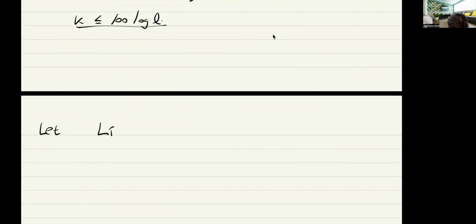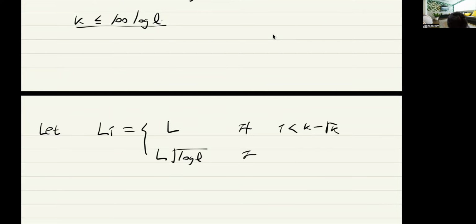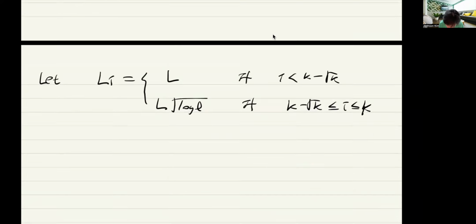And we define li, which is either L or L times square root of log L. If i is not too big, meaning i is between 1 and K minus square root of K, then this is L, otherwise it is bigger. For the first case, what do we know?